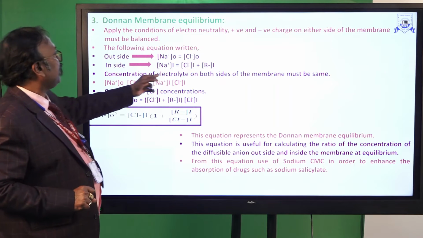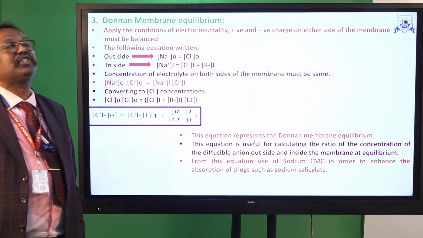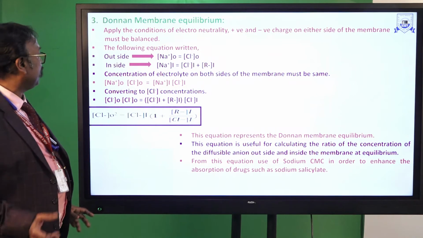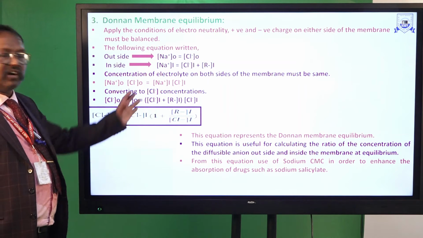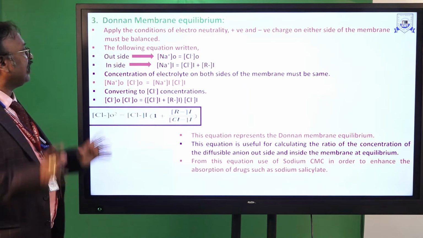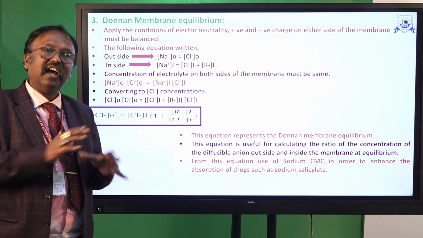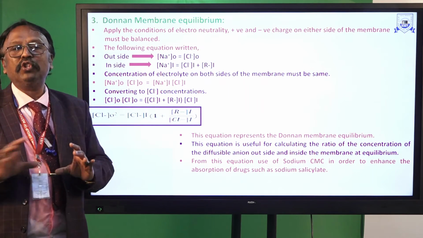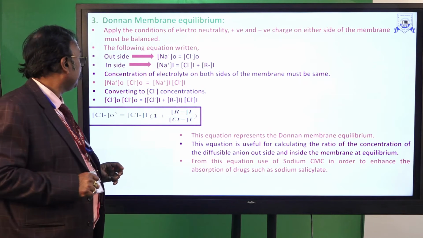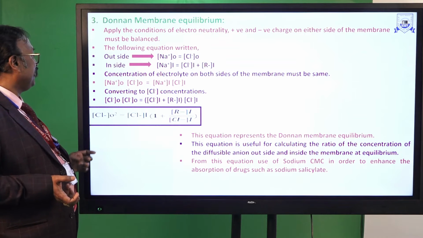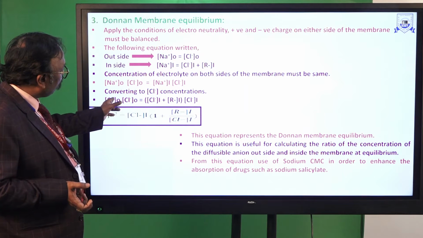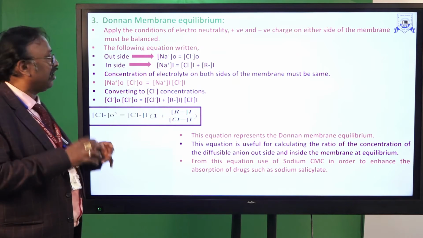The concentration of electrolyte on both sides of the membrane must be the same. Then what happens? The concentration of sodium and the concentration of chloride are always equal, initially and at equilibrium. Both concentrations are the same.